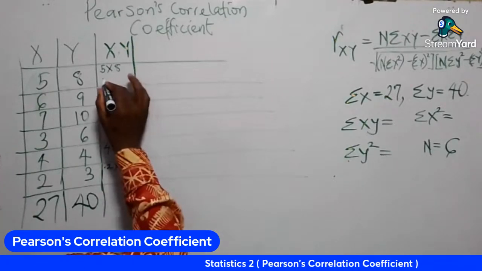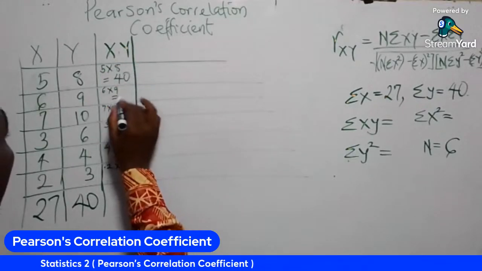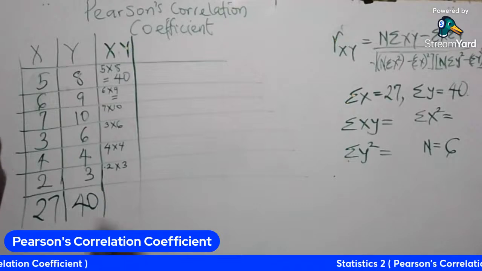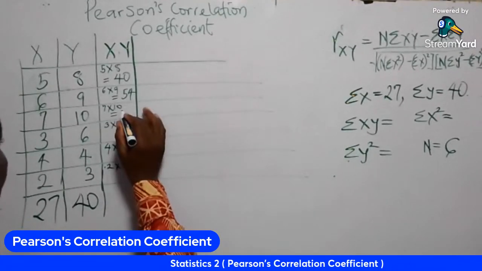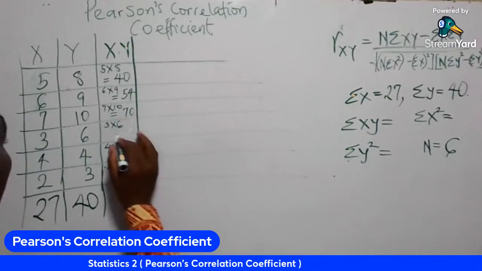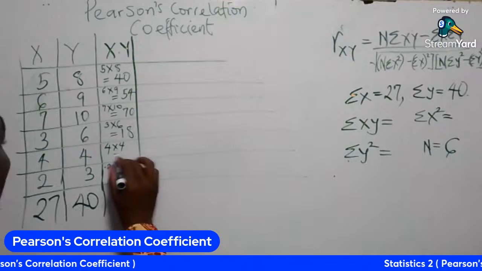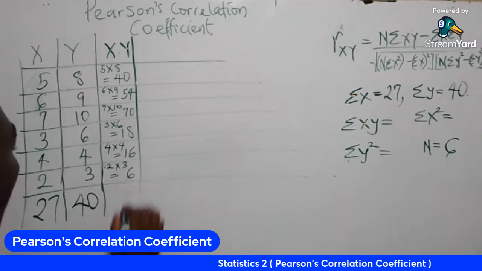For this, 5 multiplied by 8 gives me 40. 6 multiplied by 9 gives me 54. 7 multiplied by 10 gives me 70. 3 multiplied by 6 gives me 18. 4 multiplied by 4 gives me 16. 2 multiplied by 3 gives me 6.